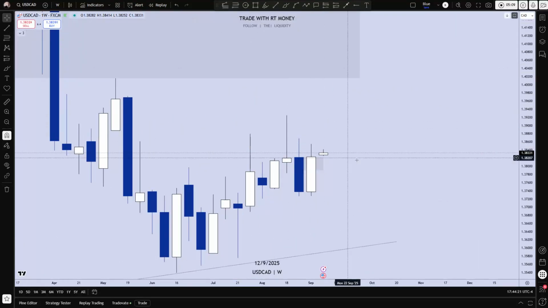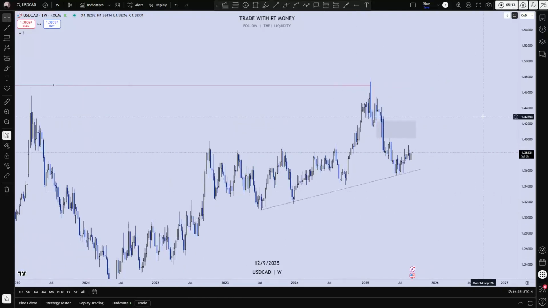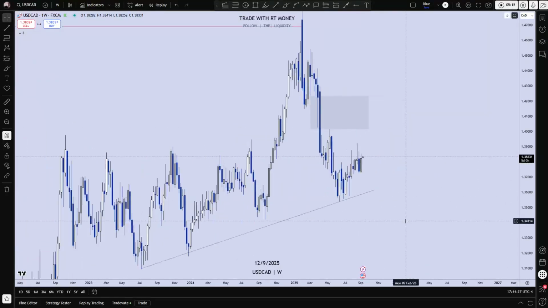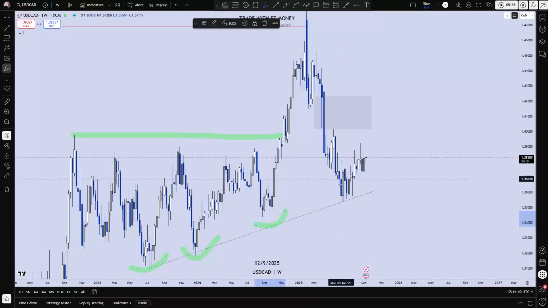All right, what we got on the weekly? Well, you can see that we traded high above the consolidation. You see that the lows are getting higher and higher, even after making the new swing high.